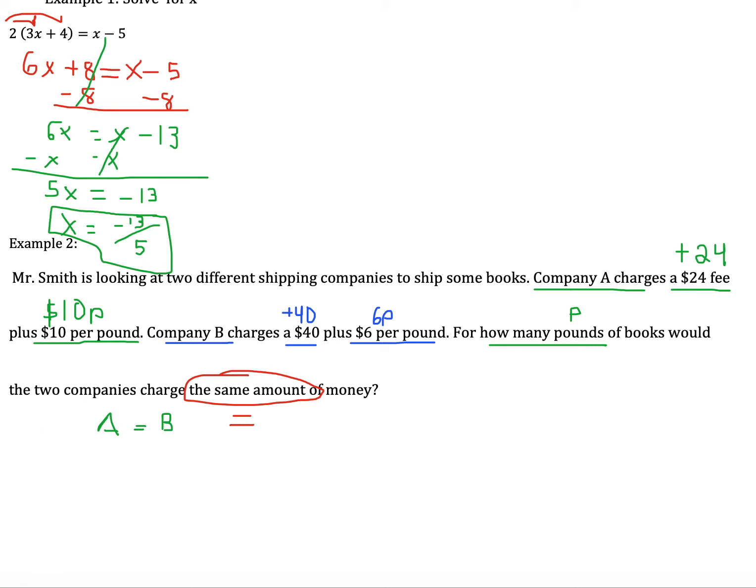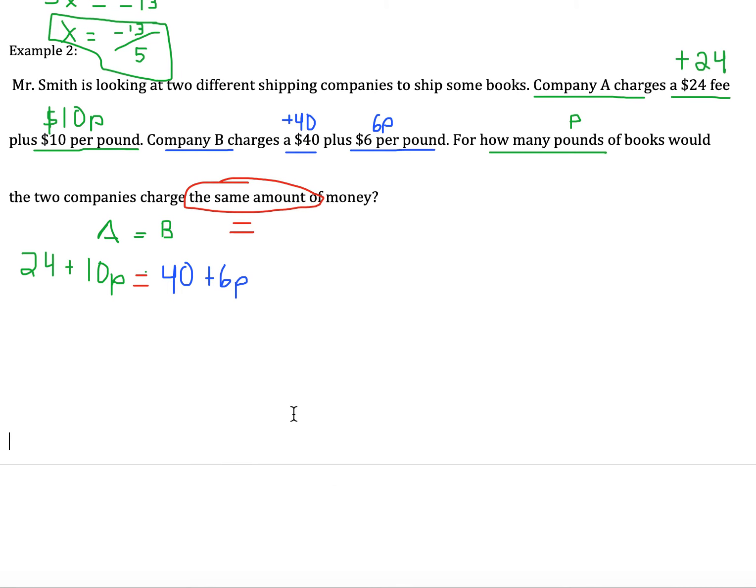So Company A is 24 plus 10p, which equals Company B, which you know is 40 plus 6p. And now we combine like terms, put everything together.